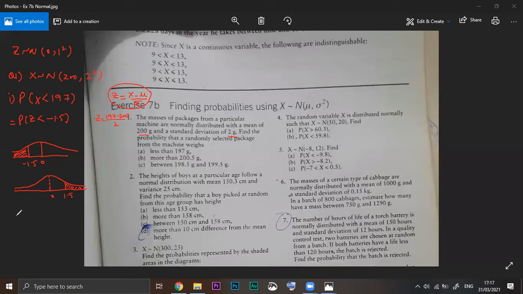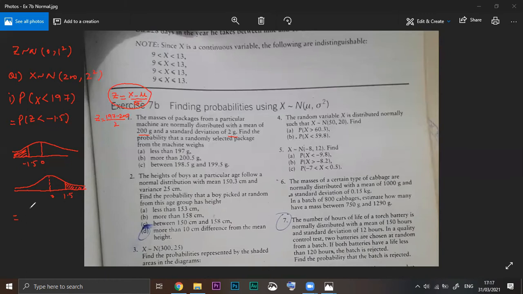How can we write this area in terms of phi? Phi of 1.5. What does phi of 1.5 mean?